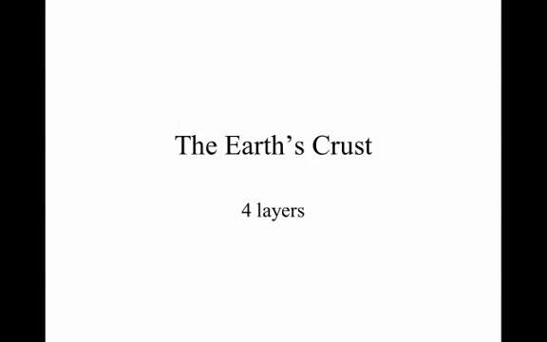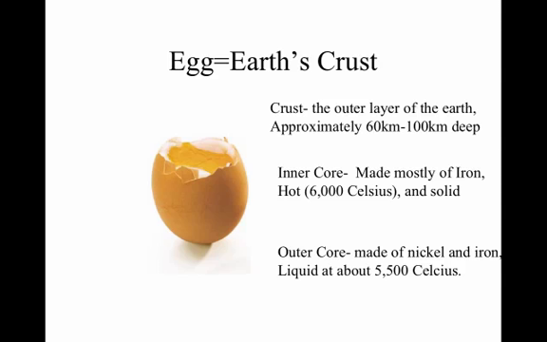We're going to start our unit on geology by jumping ahead to chapter 4 to introduce to you the structure of the earth. Sometimes an egg is used as a comparison or an analogy to how the structure of the earth is organized.